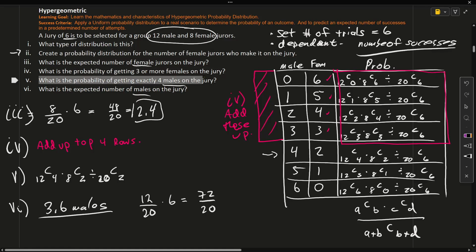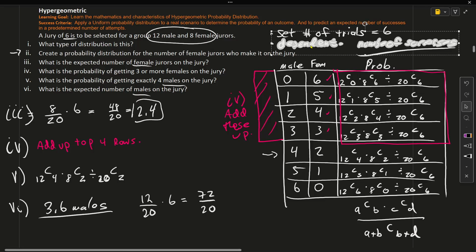The probability of getting exactly a specific value, okay? And then also the expected number as well, okay? So the hypergeometric is reasonably simple, and once you've determined that you have a dependent situation and a specific set number of trials, then you are ready to go.